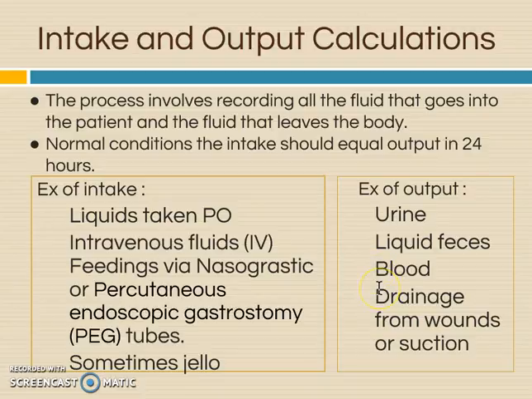Blood and drainage from wounds. Some of the wound drainage devices have a little bulb where you can actually drain out the liquid and then measure it. Other ones don't, and if it was some kind of dressing, you would have to just use weight to figure out how many milliliters.